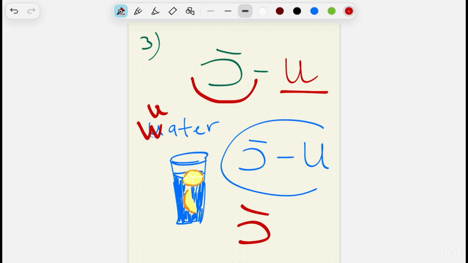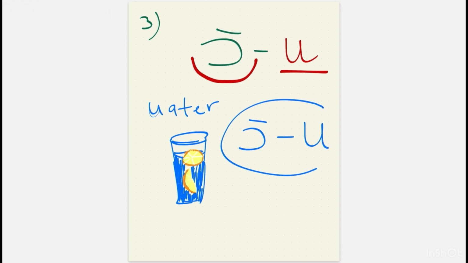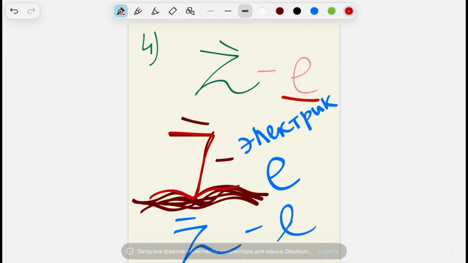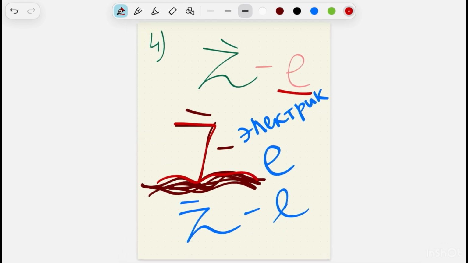Okay, and the fourth one is E. I remembered this letter by making it like electricity. For me it's like electricity, right?